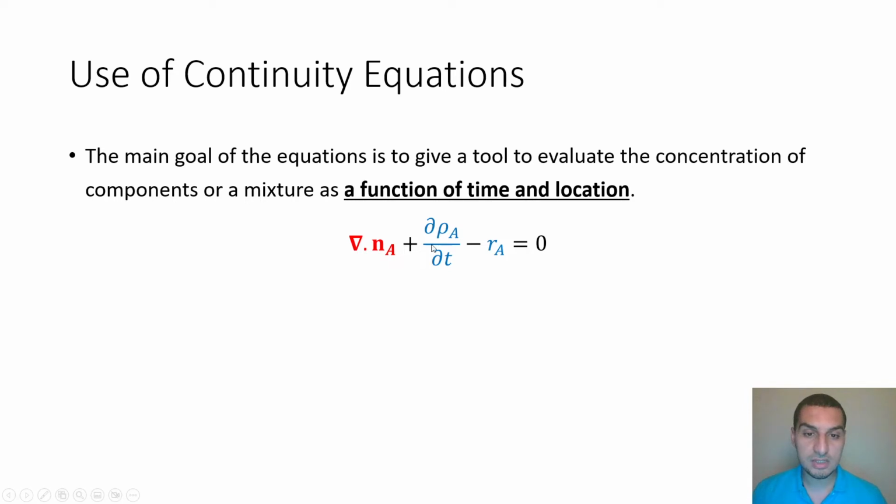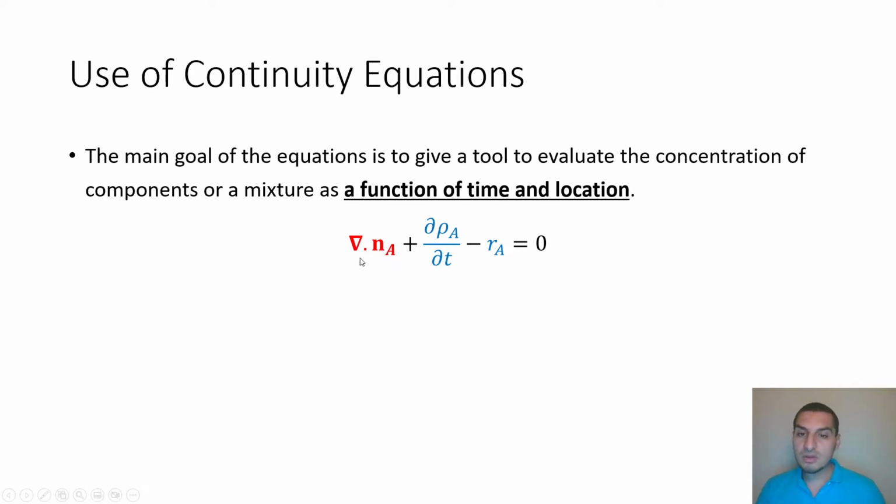The concentration is already here, and the R, again, we said it depends on the kinetics of the reaction, but it must include a concentration term in it. So it is directly a function of concentration. For instance, if you have a first order reaction, then it's going to be k multiplied by C. So inside it there is a C.